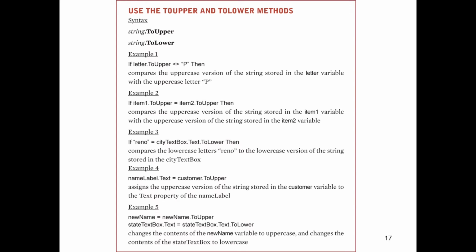Another example is the second line of that example, where whatever's text in the state text box is being converted to lowercase, and then assigned into that same text box. All the other examples, 2, 3, and 4, are just changing the names or variables to something else.